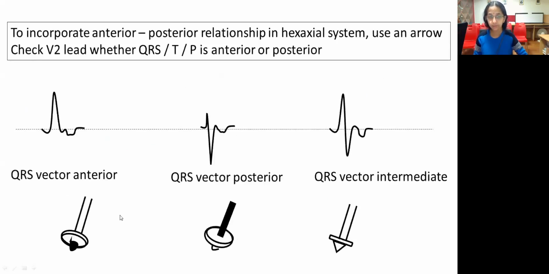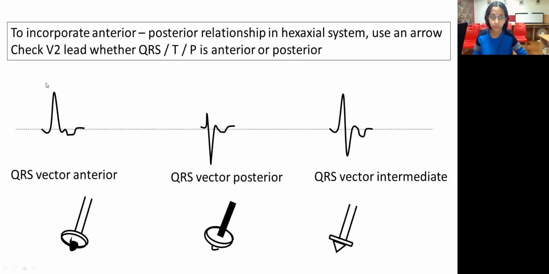Now, how do I denote this QRS vector in the horizontal plane? It's important for us to include the understanding of anterior-posterior relationship in the axis determination. And for that, you could check one or two leads, dominantly V2 and V6.